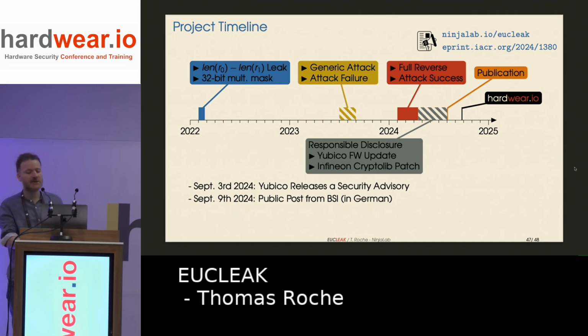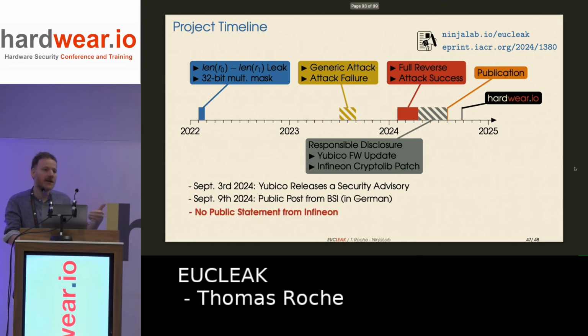The BSI, the German agency that certifies the Infineon chips, released a small public post in German saying that a attack happened. There was no public statement from Infineon whatsoever since the release.